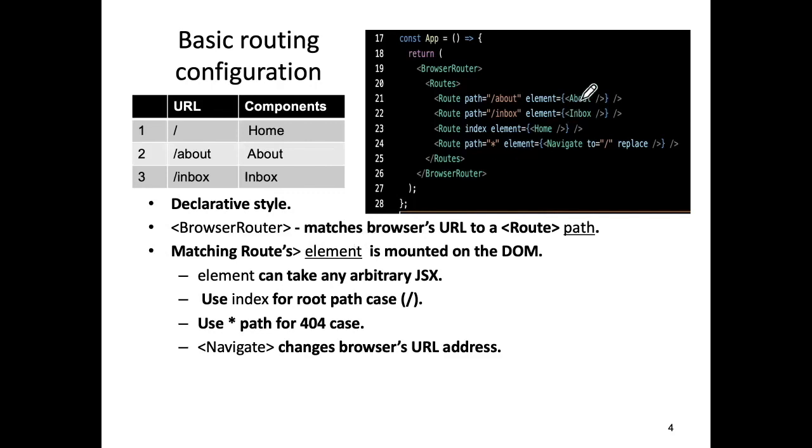In all of the examples that you see here, the element is assigned a component, but it can be assigned a piece of arbitrary JSX, and you'll see that a little bit later on. I'm saying here it can take any arbitrary JSX. The index case I've explained, and the asterisk path case I've already explained as well.